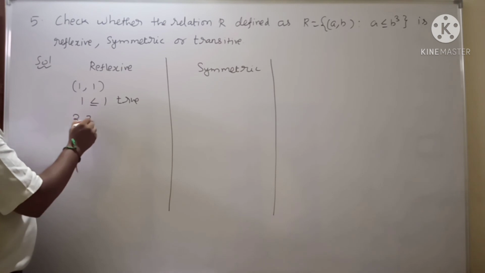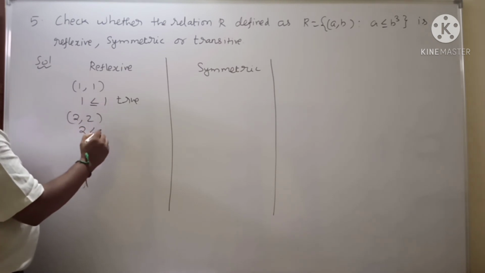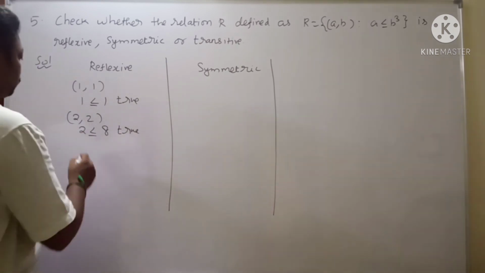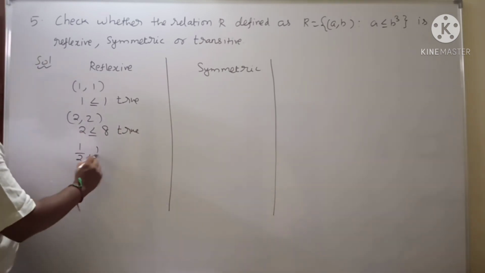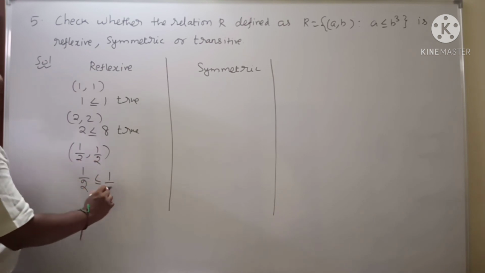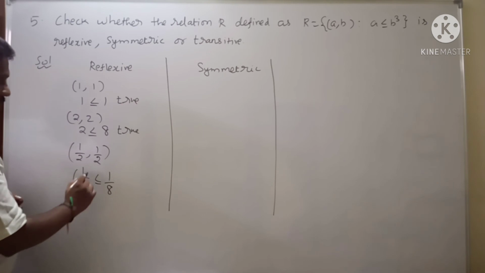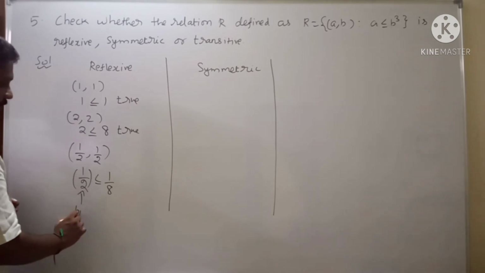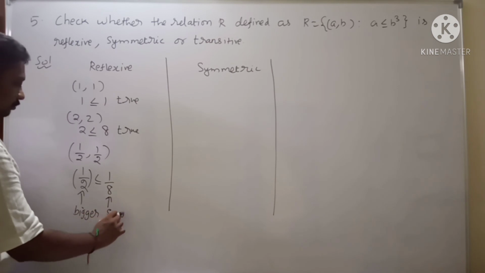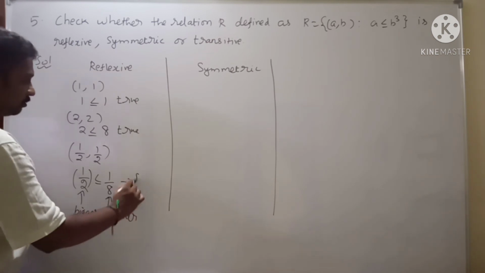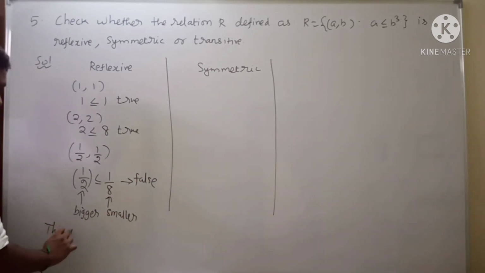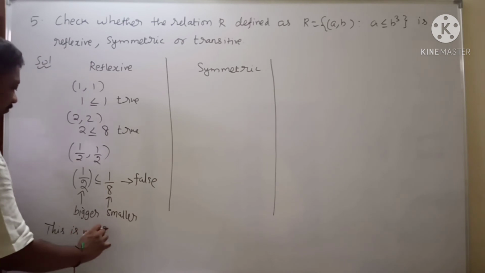We'll take (2, 2): 2 ≤ 2³ is 8. So we'll take some fractional value, (1/2, 1/2). So 1/2 ≤ 1/8, but 1/2 is bigger and this is smaller. So this is false. So this is not reflexive.